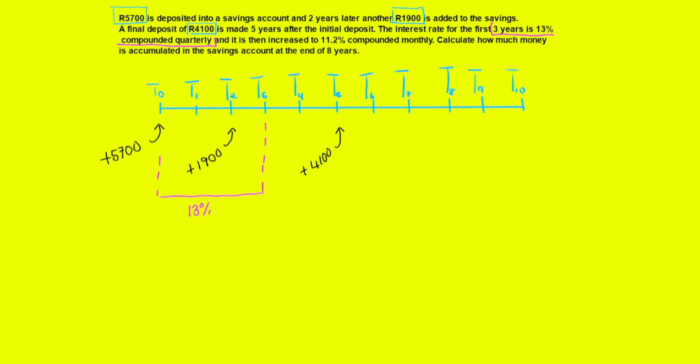Remember, the 13% was compounded quarterly, so it has to be divided by 4. Afterwards, the interest rate that came into effect was the 11.2% for the remaining years. And this one was actually compounded monthly, so we divide by 12.